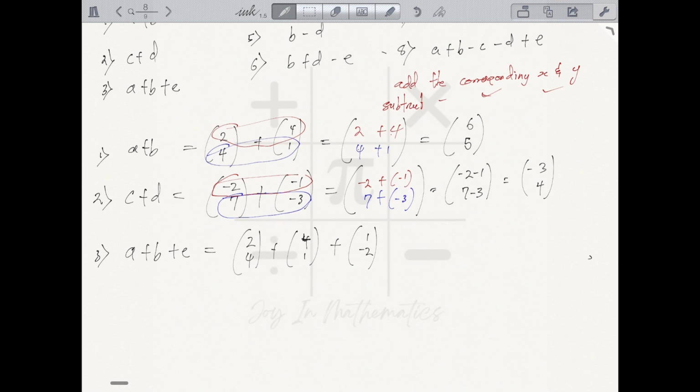Whichever way, it works. Now let's solve the first way. We resolve the first 2 together, which is A plus B. We have resolved A plus B to give us (6, 5), and we are adding it to (1, -2).